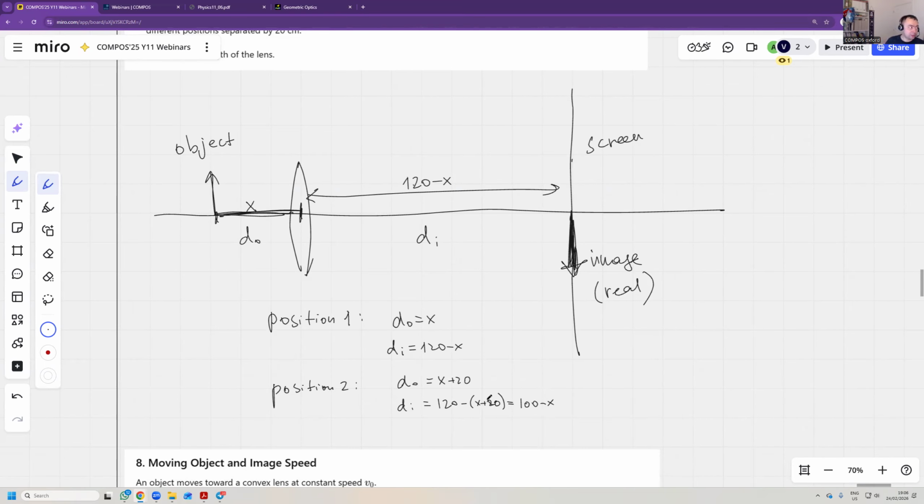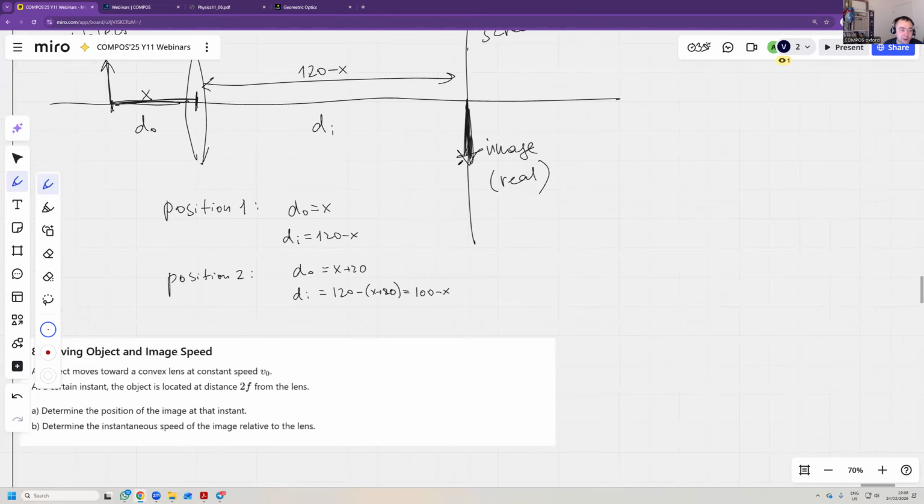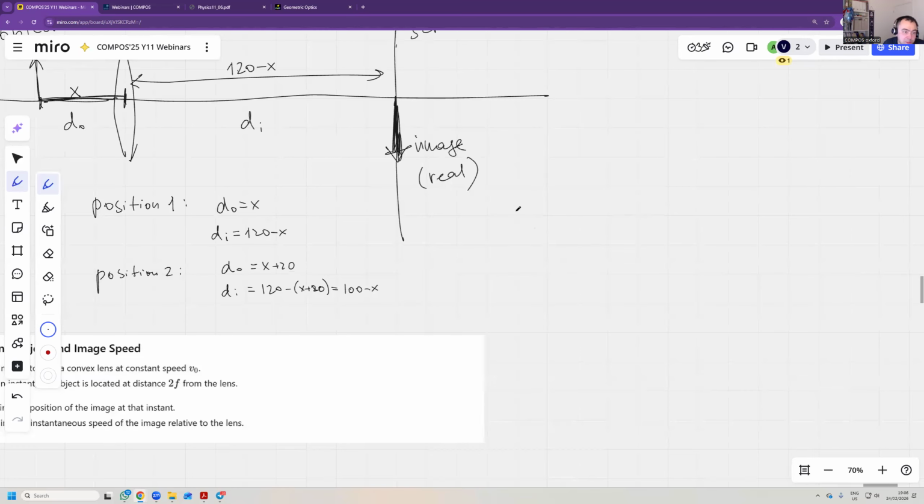And in both, the focal distance is the same in both cases. So we just write two equations. 1 over x plus 1 over 120 minus x is equal to 1 over f. And 1 over x plus 20 plus 1 over 100 minus x equals 1 over f.